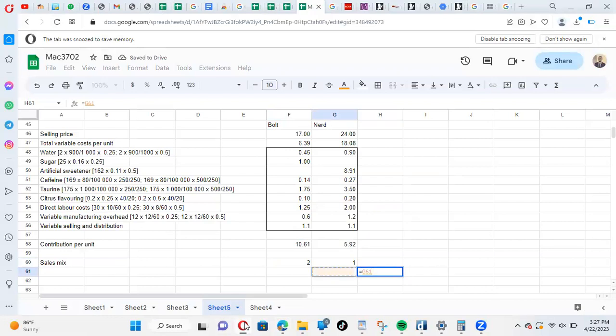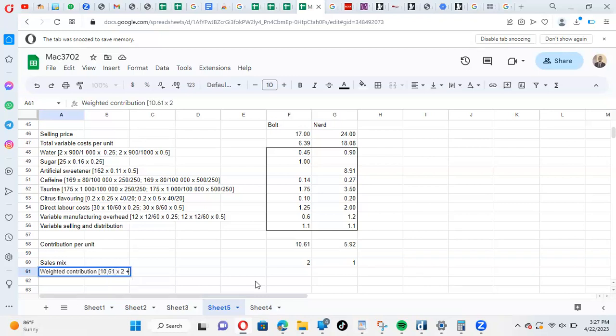Right, so here, okay, let me not run ahead of us. Now we need the weighted contribution. To show the calculation there, it's going to be 10.61 times 2 plus 5.92 times 1.